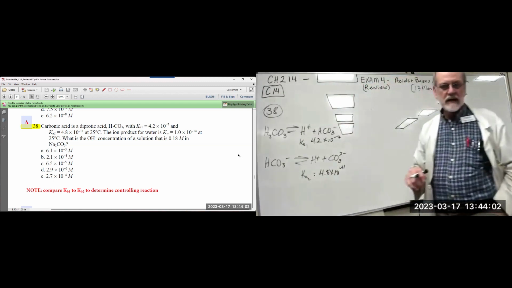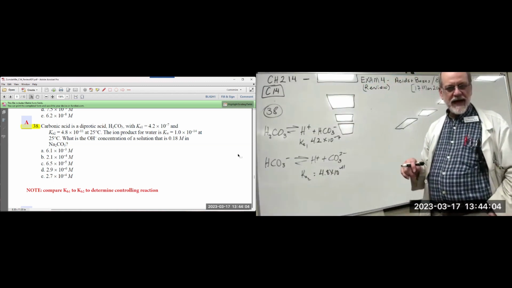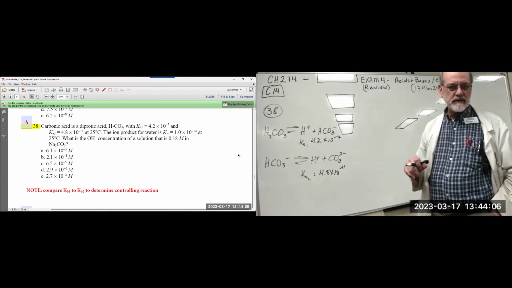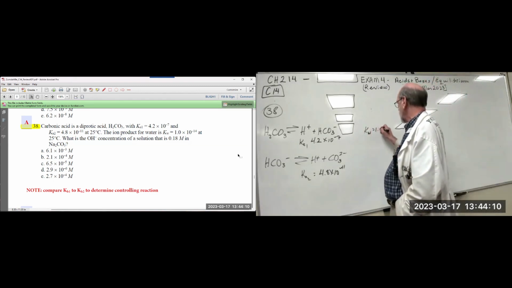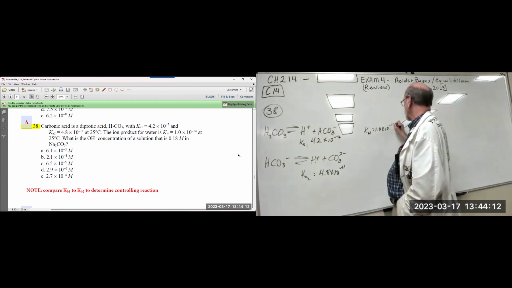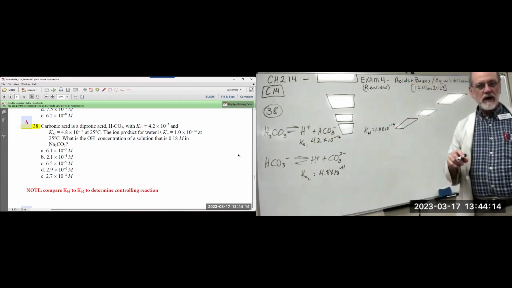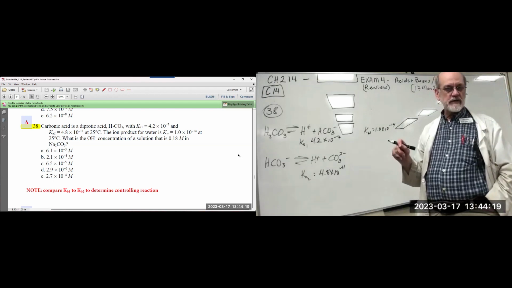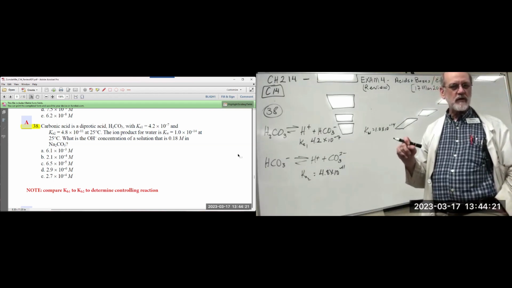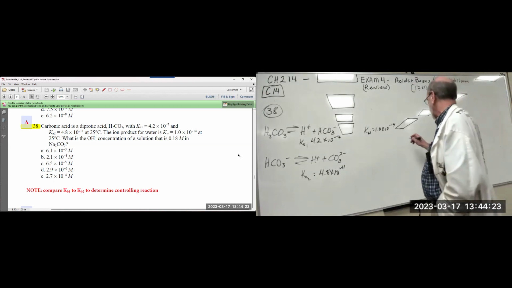Okay, at 25 degrees, the ion product for water is 10 to the minus 14. We should already have that memorized anyway. What is the OH minus concentration of a solution that is 0.18 molar in sodium carbonate?